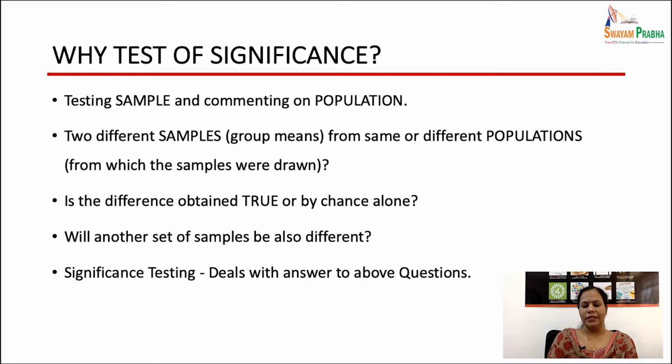Based upon the significance tests, where we go for different types of tests, we can say whether there is any difference in the samples, whether the difference we are getting is true or by chance, and whether the samples we have taken are different from another set of samples. So we can answer a number of questions based upon the tests of significance.